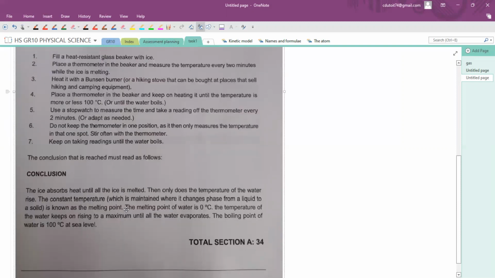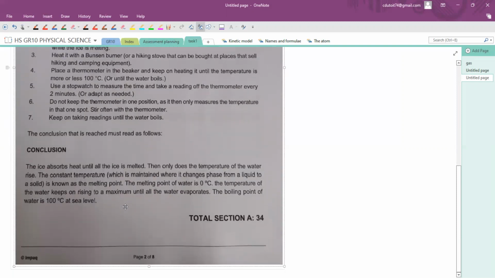No, we do not have exactly all the equipment. The ice absorbs heat until the ice is melted. Okay, you don't have all the equipment, so that's a big problem. This is a big problem, people, because you won't have values to fill into your graph.